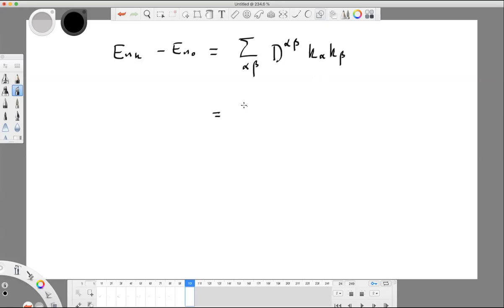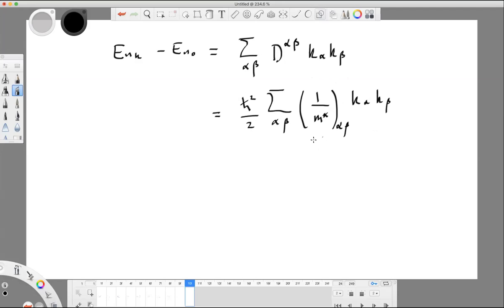From here, we can write this in terms of the effective mass by extracting an h-bar squared over 2 term, with indices alpha beta. This is then an effective mass tensor, which comes out of that expression by solving the integral, multiplying k_alpha, k_beta.